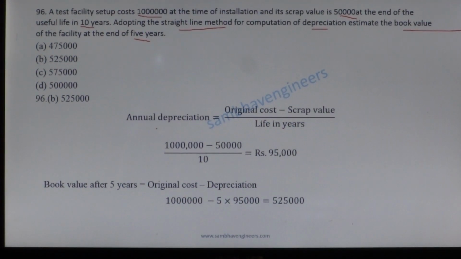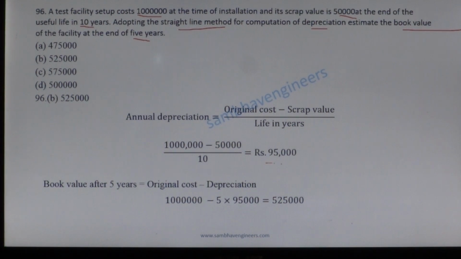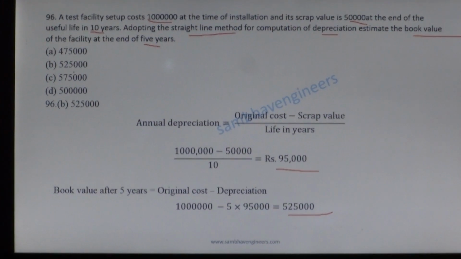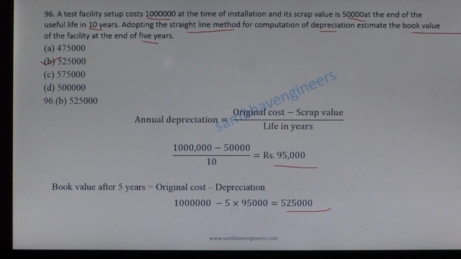So the annual depreciation is equal to rupees 95,000. Book value after 5 years is given by original cost minus depreciation in 5 years. So 10 lakh minus 5 multiplied by 95,000 is equal to 5,25,000 is the answer. So option B is the correct answer.